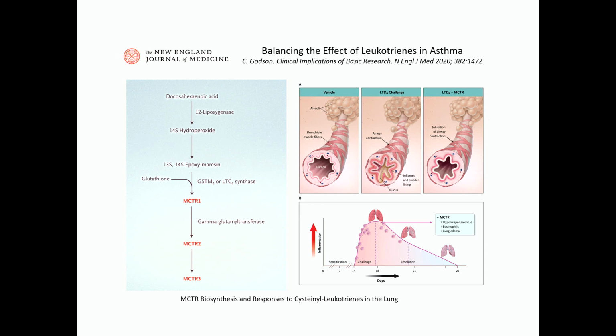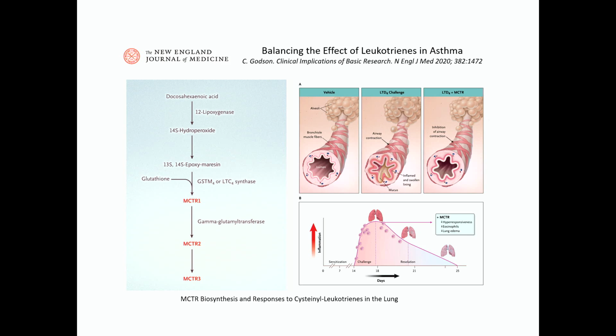Then, similar to the cysteinyl leukotriene conversion of LTC4 to D4 to E4, you see conversion of the molecule to MCTR2 by gamma-glutamyl transferase, and then from MCTR2 to 3 by dipeptidases. Turns out these molecules were active in terms of human lung contractile events and also in a preclinical model.